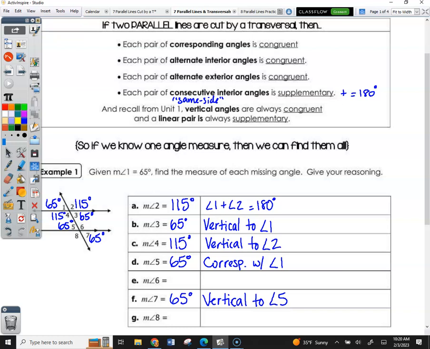And then 6 and 8 have to be the linear pairs with angles 5 and 7. So they have to measure what? 115. You could make a note, linear pair with angle 5, and this one is a linear pair with angle 7.